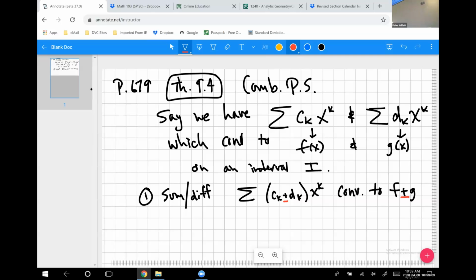So basically, if series converge to functions, then the sum of those series converges to the sum of those functions. That's also true with the difference. Of course, they both have to converge, so it has to be restricted to some interval I where they converge. But the sum or difference of the series would be the sum or difference of the values they converge to as a function.